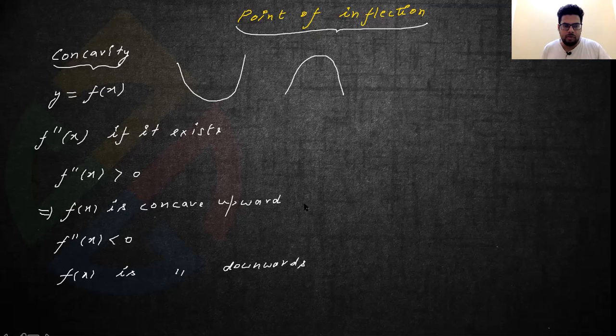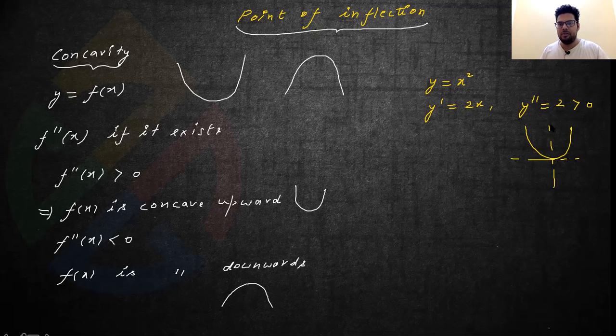So concave upward means, we have seen this is concave upwards, and this is concave downwards. So if, let us say, you have a function y equals x square, the single derivative is 2x, and the double derivative is 2, which is always positive. And you know that for y equal to x square, the curve is this.